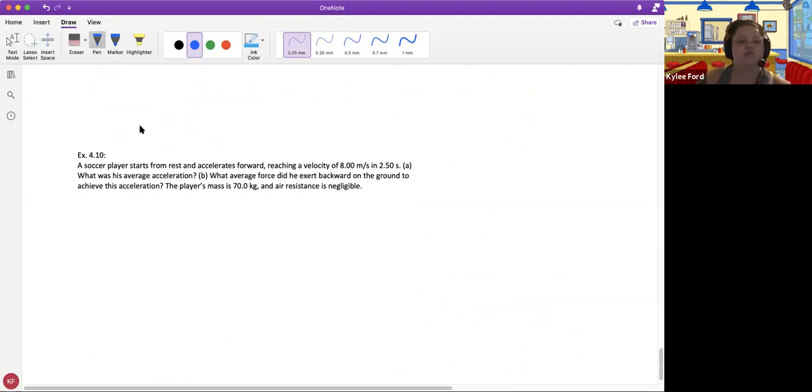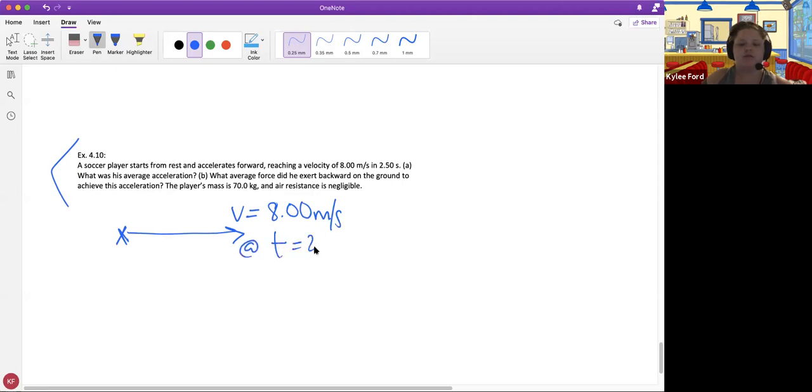Example 4.10 states that we have some soccer player that starts from rest and accelerates forward, and reaches some velocity of 8.00 meters per second at some time t equals 2.50 seconds. My first question here is, what is his average acceleration? That's part A.